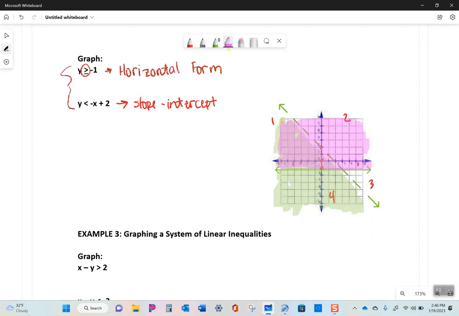Can you guys see it better this time? So what side has green and pink? 1. And that's why we shade 1. It's getting a little chaotic, but that's okay. Does that make a little bit more sense on the shading?